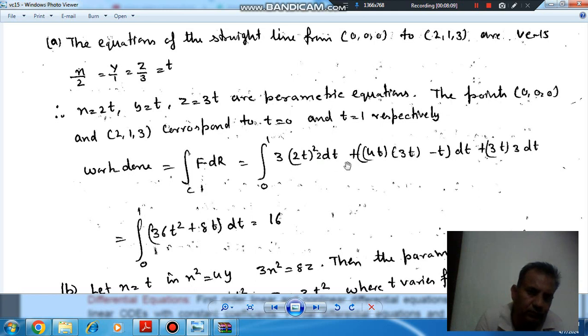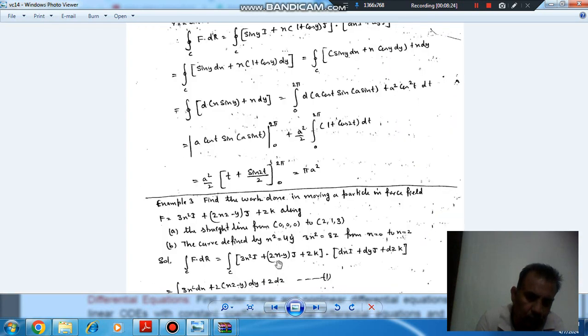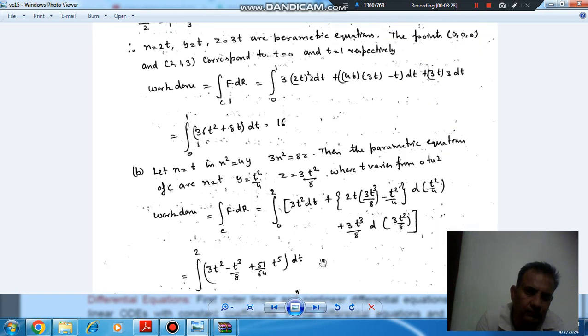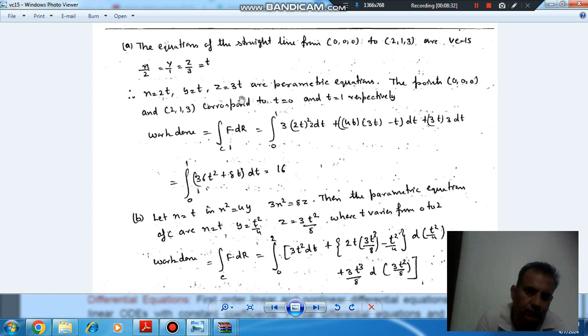So x is 2t, and the differentiation dx will be 2 dt. And here there was 2x, so it will be 4t, multiplied by z, so it will be 3t, and here minus y, so it will be t.